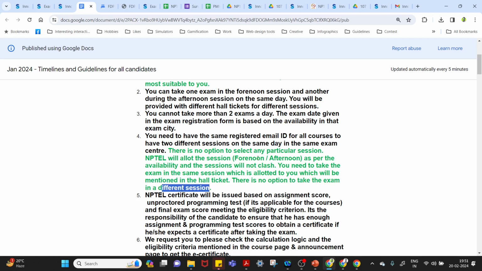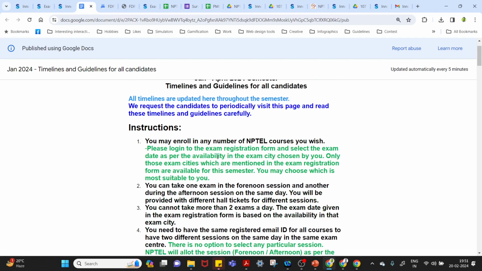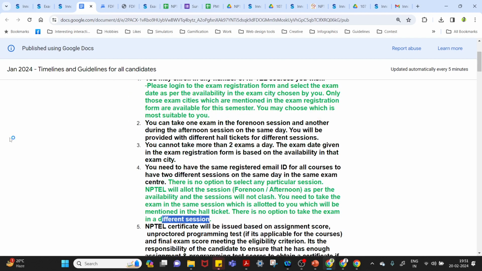It will be either pre-lunch or post-lunch, and NPTEL will allot it, so you cannot make that choice from your end. A few participants also told us in one of the sessions that you don't get to select. And if you are taking two exams, you can take one in the forenoon and the other in the afternoon.